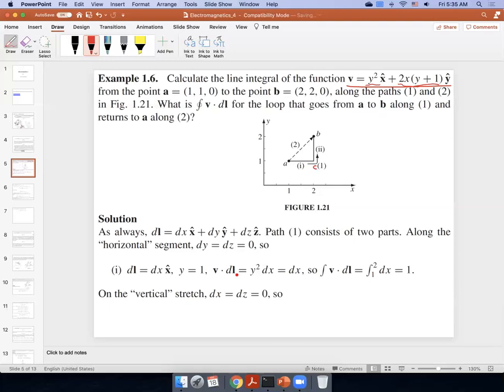It should be 0 in y. So it only has components in x direction. So dx times y squared, it becomes y squared dx. So this is v dot dl. So the integral of v dot dl equals, let's say, the integral of dx, because it's just dx.